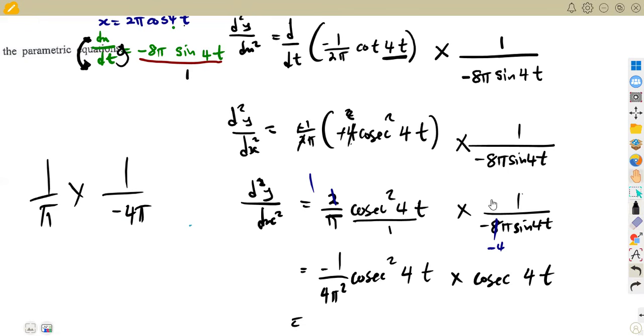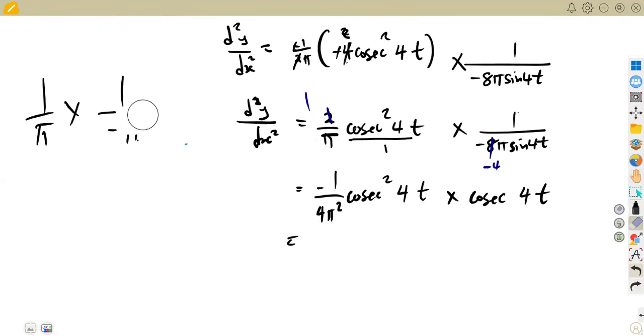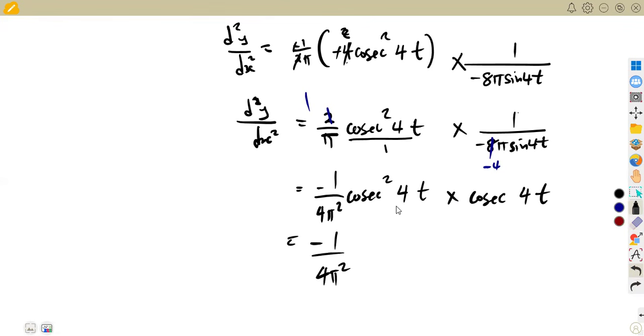We've got a cosec and a cosec, and we can combine them. That means we're going to have negative 1 over 4 pi squared, cosec squared 4t times cosec 4t. We are multiplying the same base, so just add the exponents: 2 plus 1, which is 3. So this will be cosec to the exponent of 3, 4t.